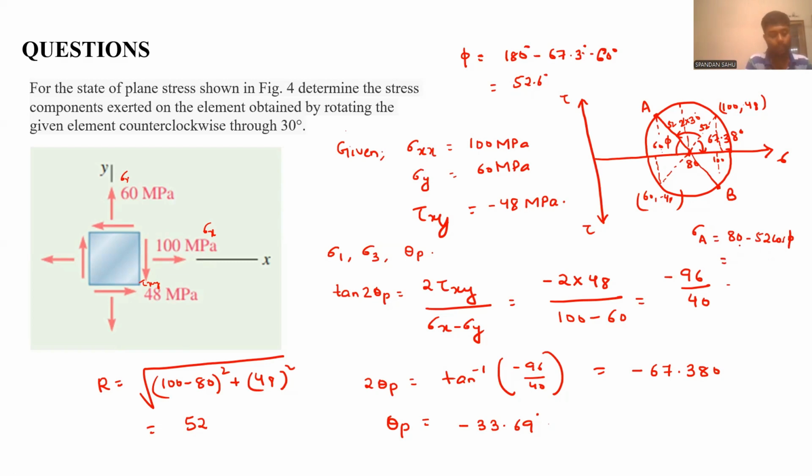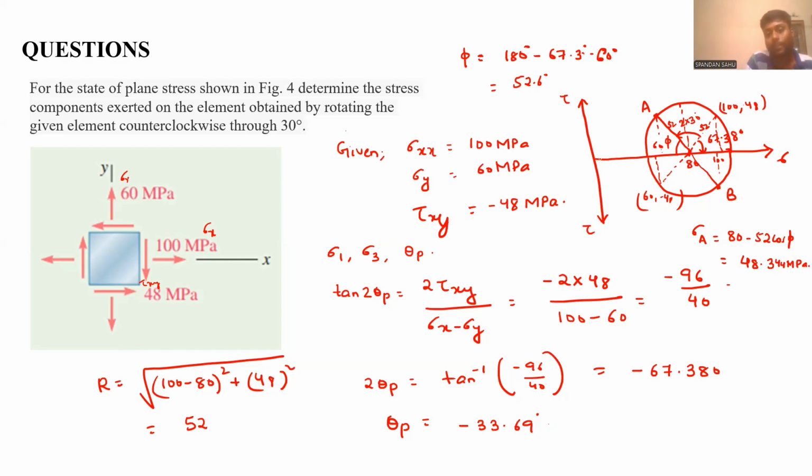So we can write 80 minus 52 cos 52.6, so we are getting this to be 48.344 MPa.